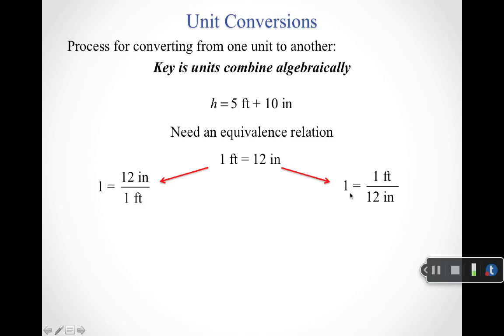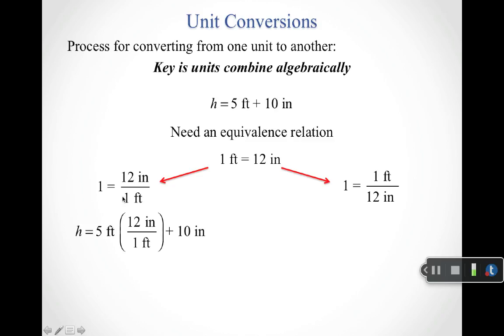The reason that's useful is that I can always multiply any number by the number 1 and not change it. So if what I wanted to do was tell you my height in inches, then I need to convert from feet to inches. I'm going to take my quantity of 5 feet and multiply it by the right version of the number 1, so it's still the same, but now it's going to be in inches as a unit.